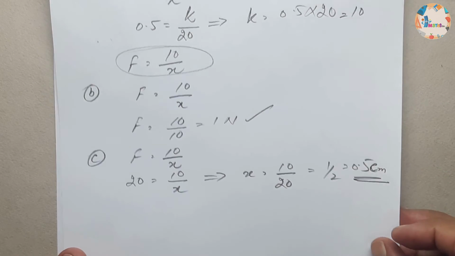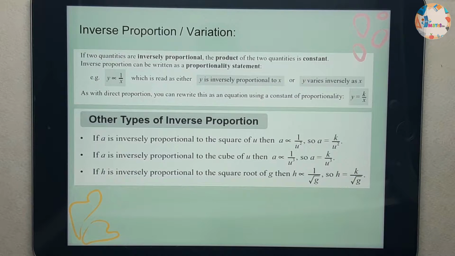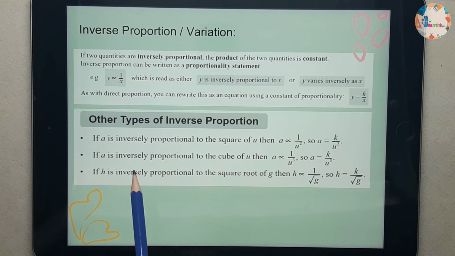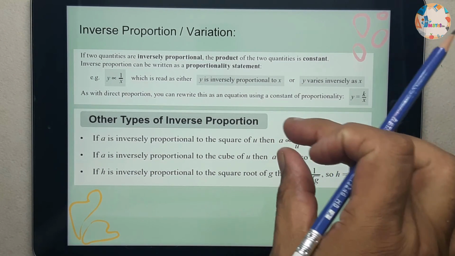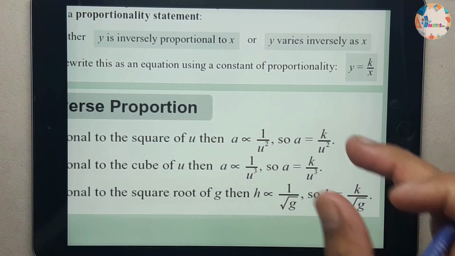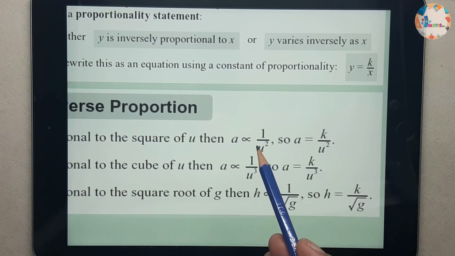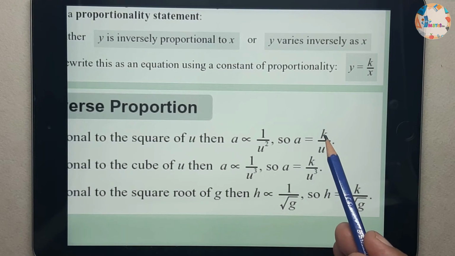Hopefully you understood these selected questions. There are some other types of inverse variations also. Sometimes they are mentioning that A is inversely proportional to the square of U. If it is the square of U, we can write A is inversely proportional to U square. In that case, the constant of proportionality again we will be taking k.